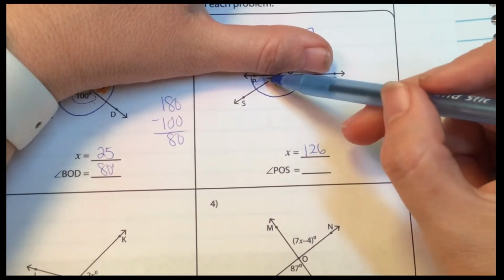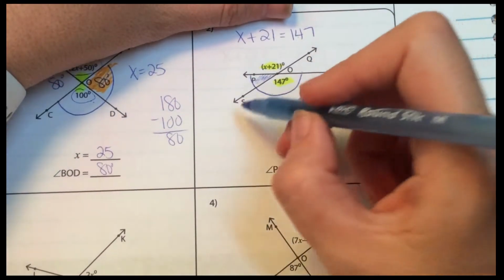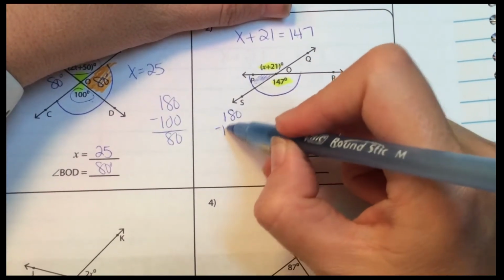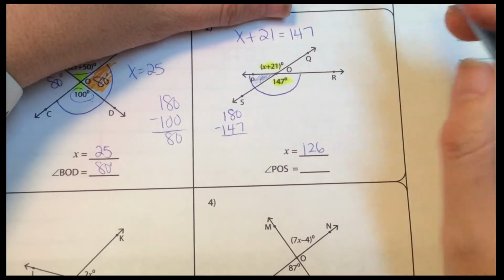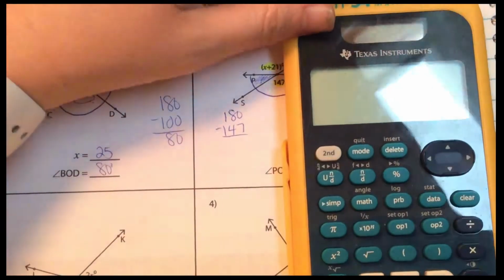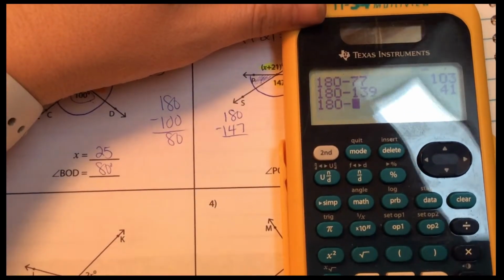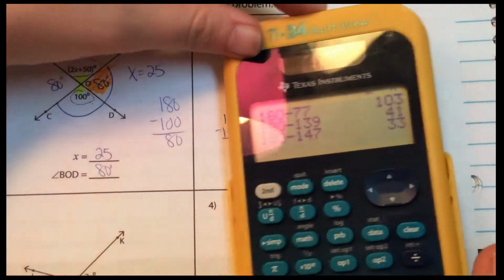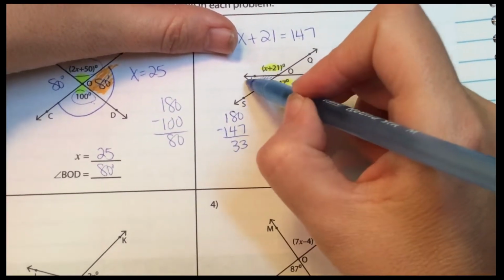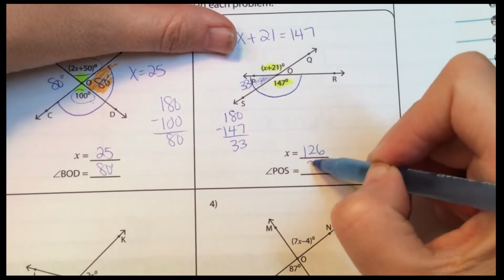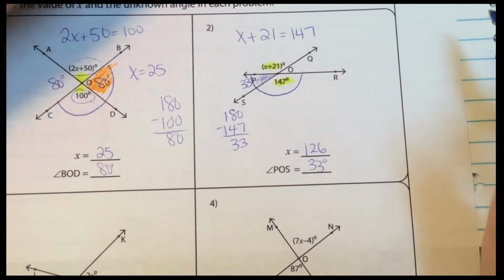So 147 plus something is 180. So 180 minus 147 should tell me this angle right here. So 180 minus 147, and that's 33. So this angle is 33 degrees, which is what they asked me for.